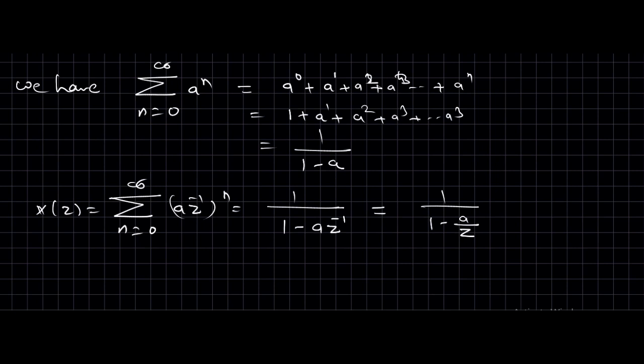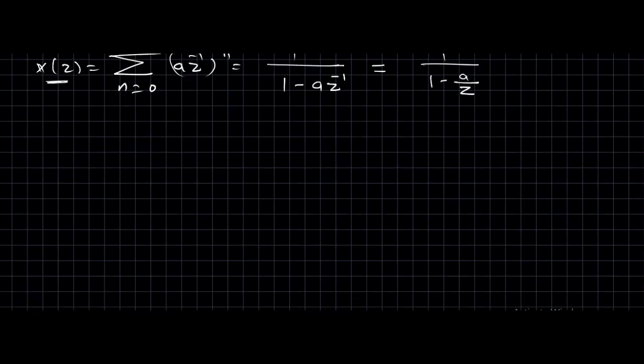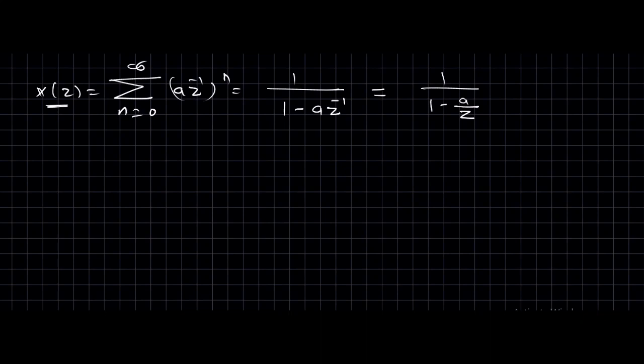Now this term will help us understand the region of convergence of X of z. I'm taking it separately. X of z is equal to 1 over 1 minus a over z. Now when will this term become infinite? It depends upon the values of a and the set of values of z.